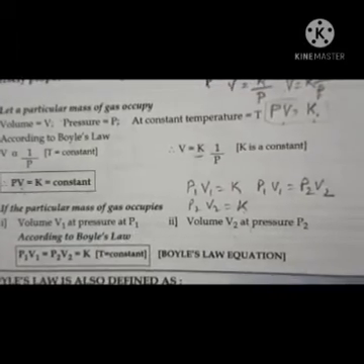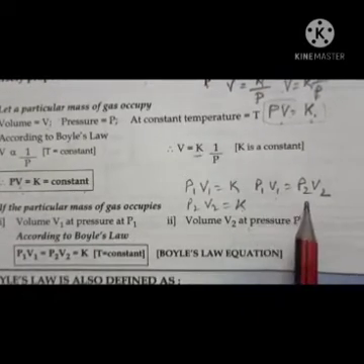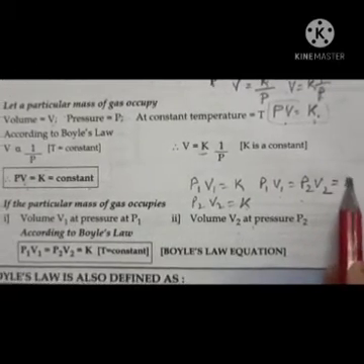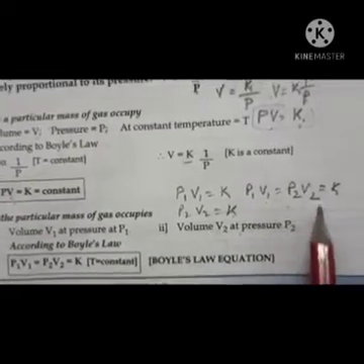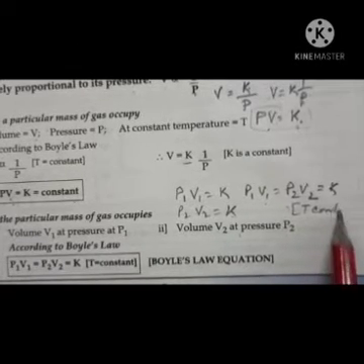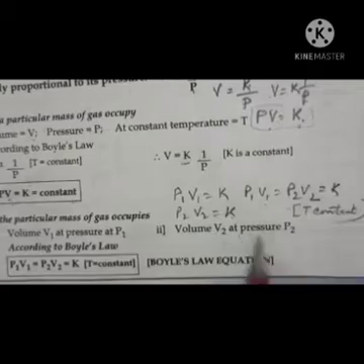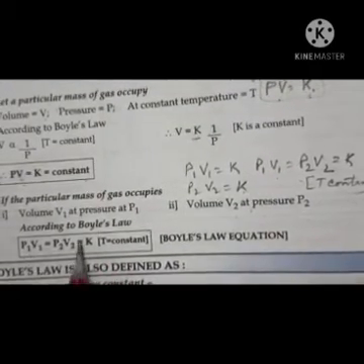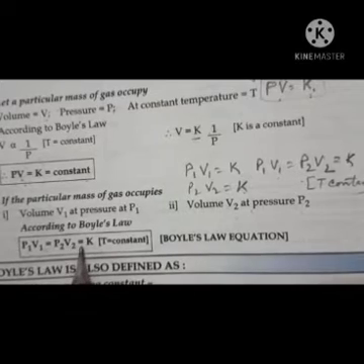So P1 V1 is equal to P2 V2, and it is equal to K, a constant, when temperature is constant. This equation is called the Boyle's law equation.